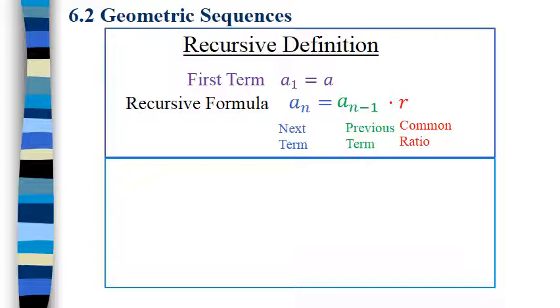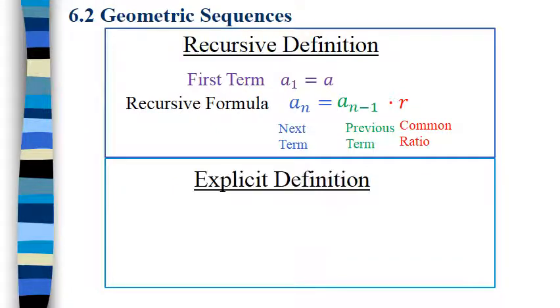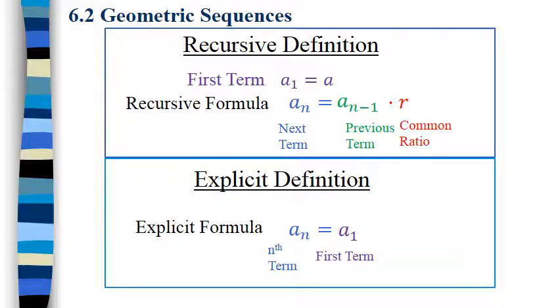So just like we did with arithmetic sequences, we have a recursive definition, and we can rewrite the recursive definition into an explicit definition. Our explicit definition is very similar to something you're going to learn about when we get back from break. So a sub n is the first term times the common ratio n minus 1 number of times.